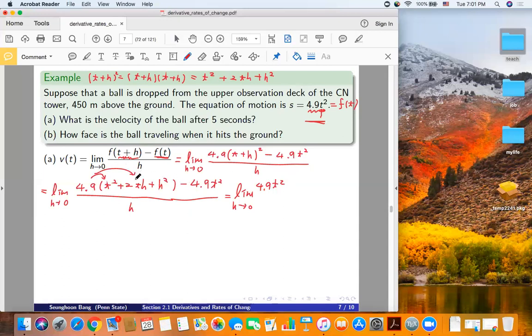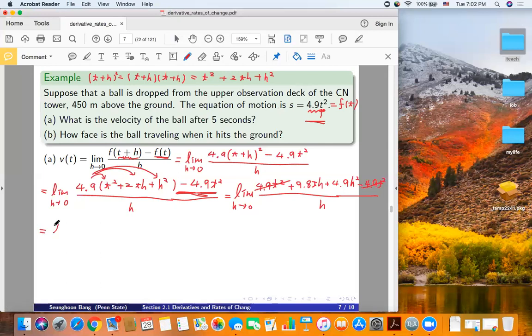Second one, 4.9 times 2 is 9.8, so we have plus 9.8th. Last one, 4.9 times h squared is plus 4.9 h squared. Then negative 4.9 t squared, over h. So what happens? 4.9 t squared is cancelled.